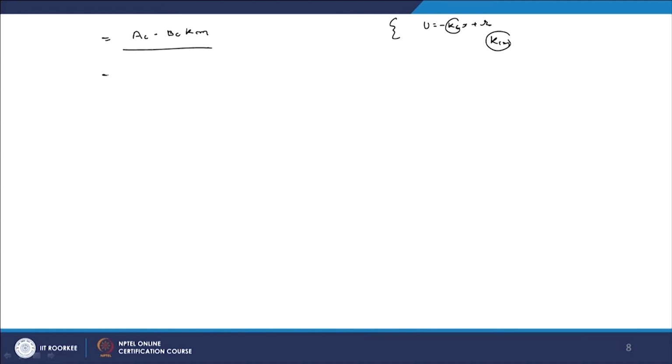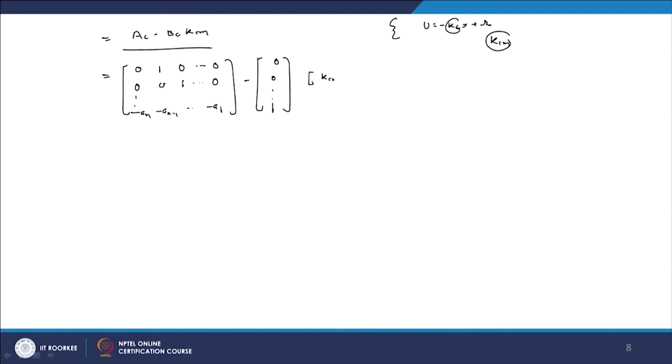Now if you write this equation, AC is the matrix with rows 0 1 0 ..., 0 0 0 ... 1, and the last row is minus an, minus a of n minus 1, up to minus a1. BC is 0 0 1, multiplied by KCM as KCM1, KCM2, up to KCMn.